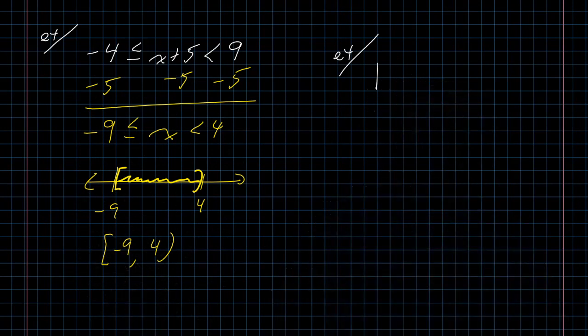So the absolute value of something like 2x plus 3 is strictly less than 9. Again, I want to think about this as a distance. The distance between 2x and negative 3 is smaller than 9.